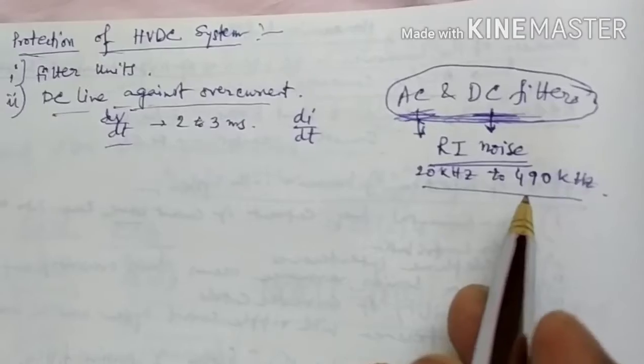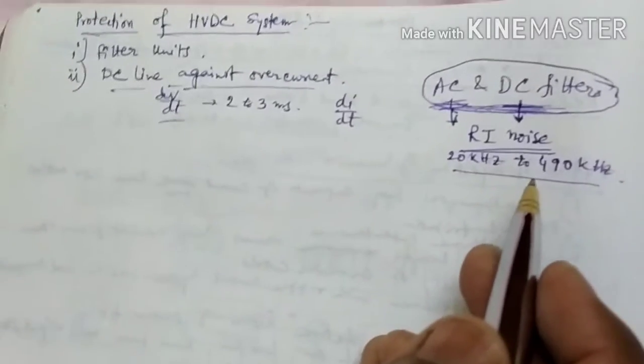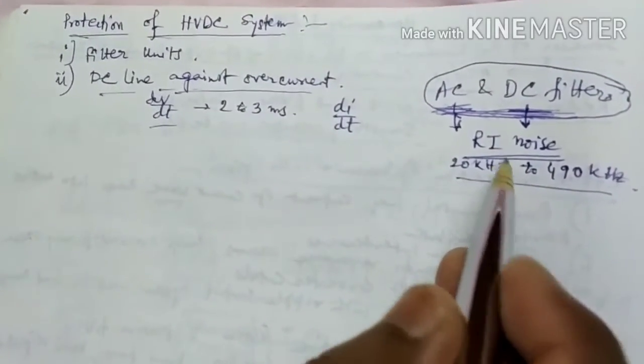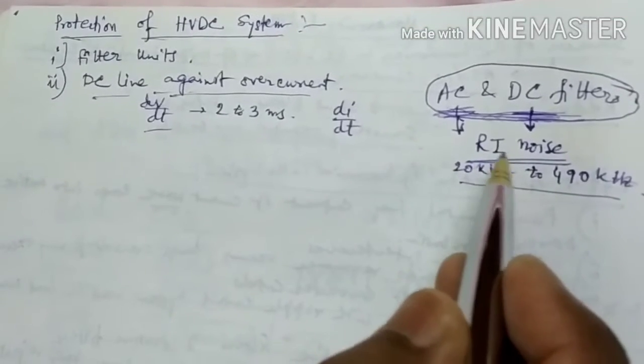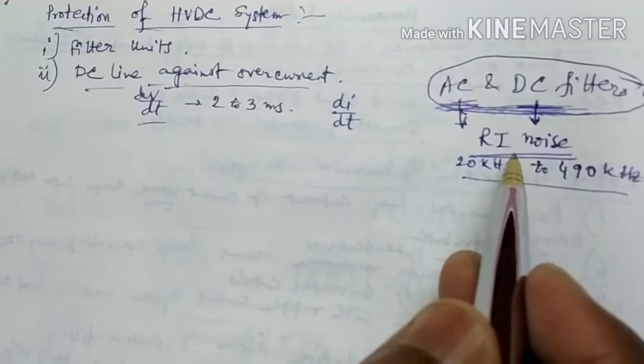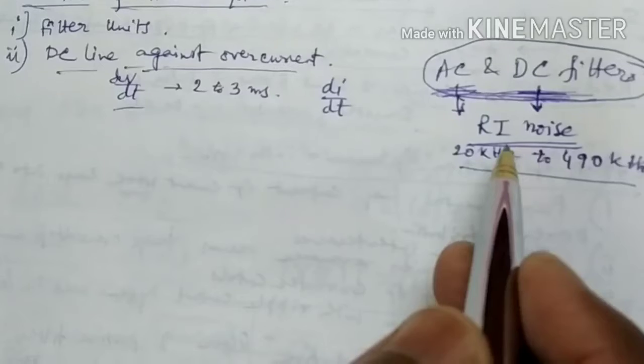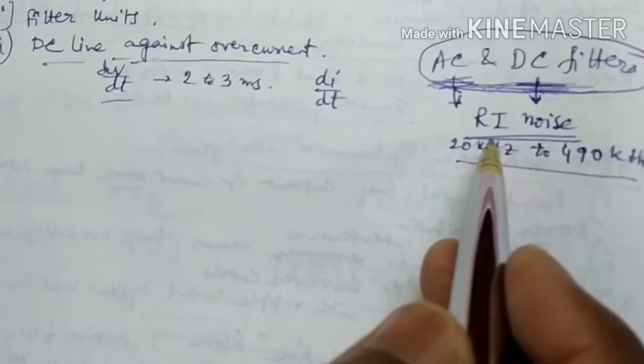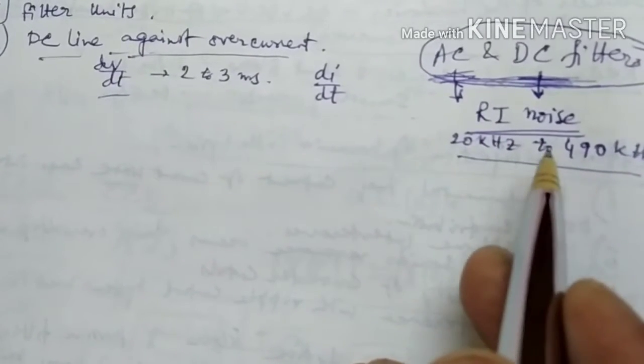That level of noise is created. However, they also generate radio frequency, that is RI, radio interference noise in the megahertz range of frequencies.